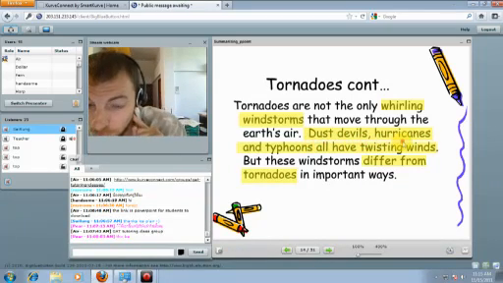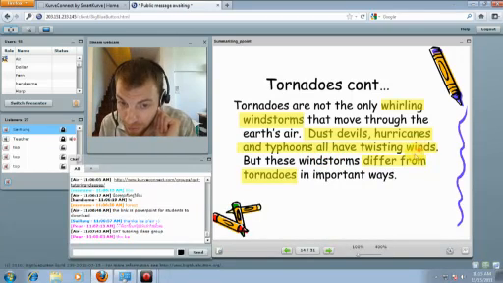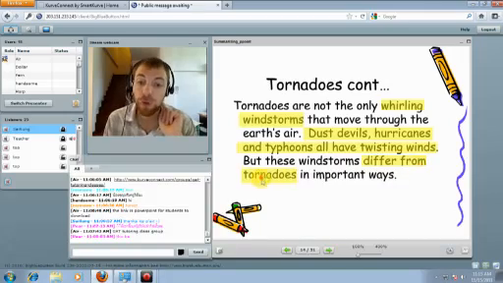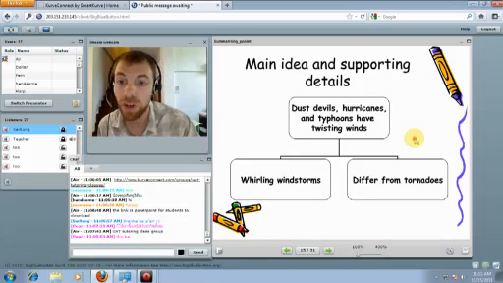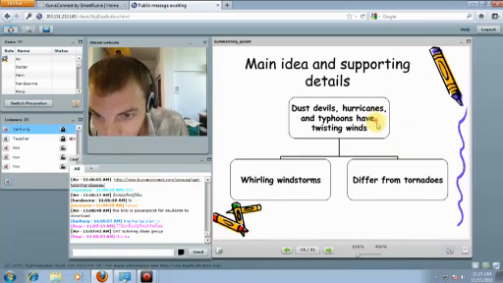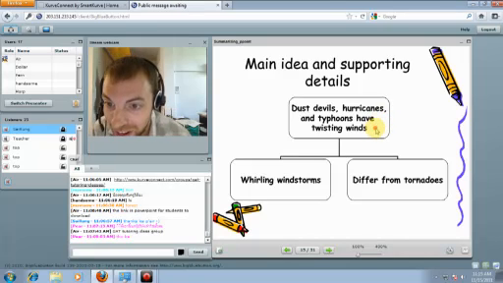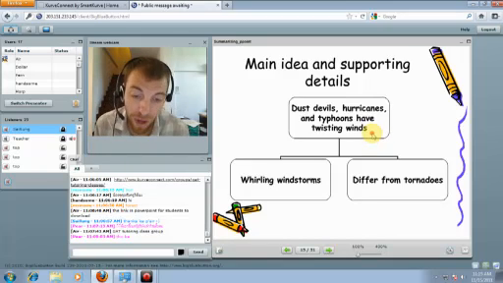Dust devils, hurricanes, and typhoons all have twisting winds, and they differ from tornadoes. So here's our main idea. Dust devils, hurricanes, and typhoons have twisting winds, right?